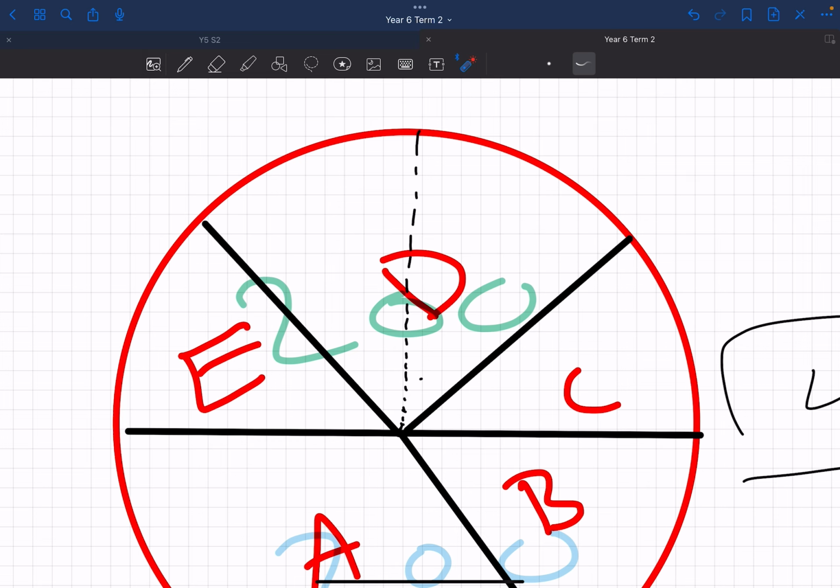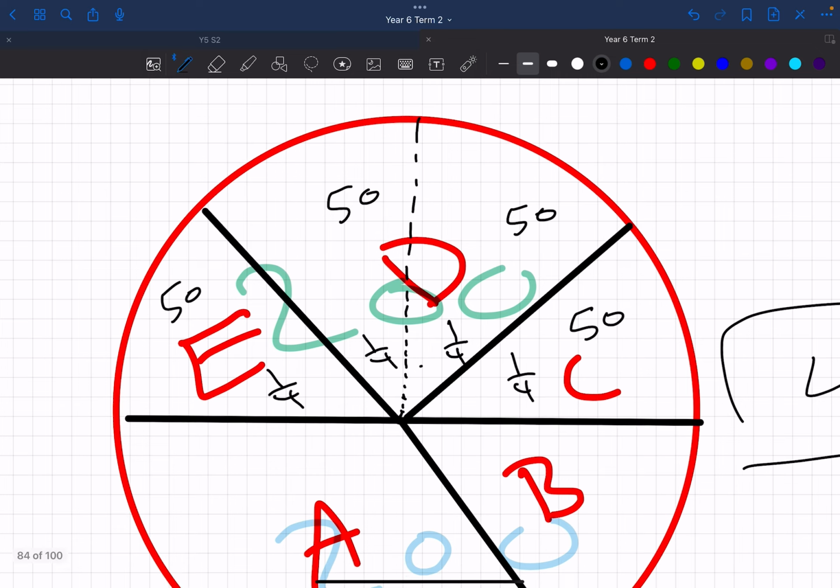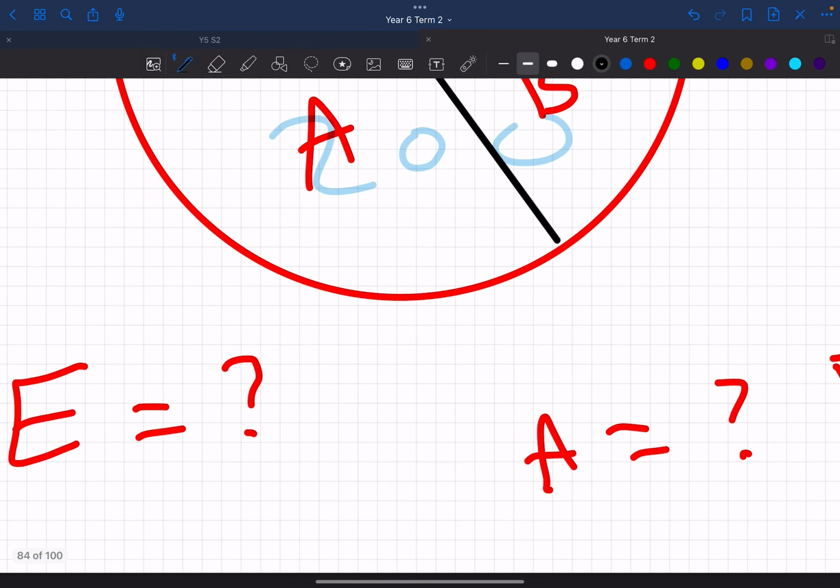Now, what's the quarter of 200? That's 50 here, 50 here, 50 here. After you add the 50s, it will be 200 total, because a quarter of 200 is 50. So the answer here, E equals 150.